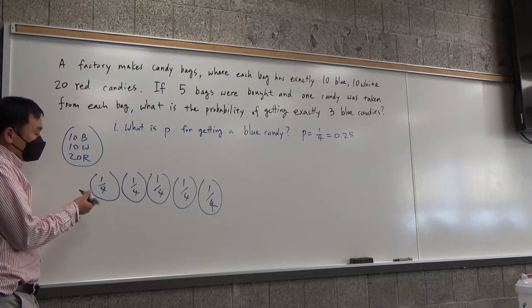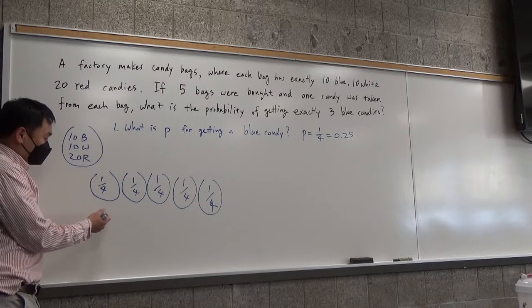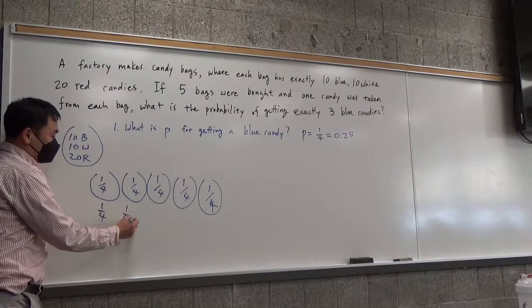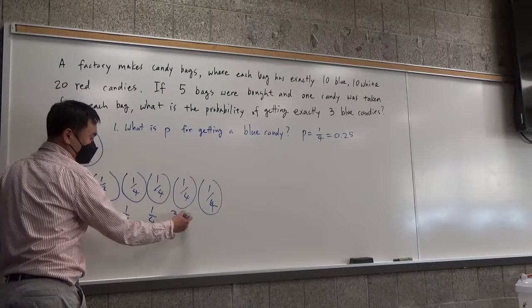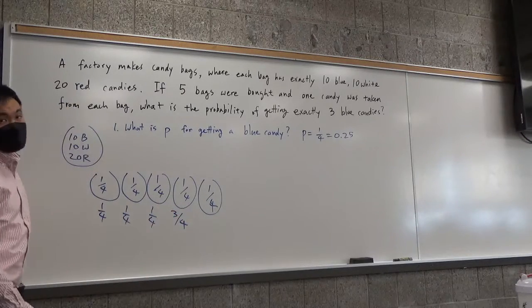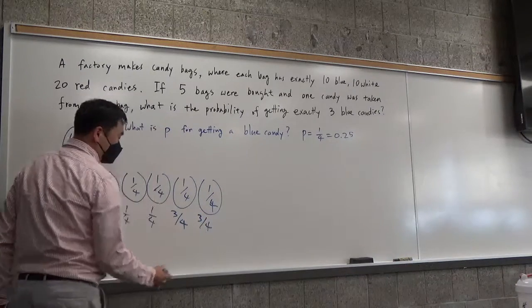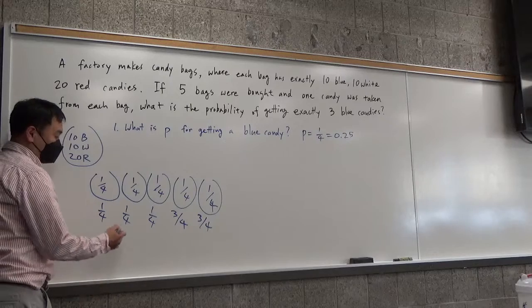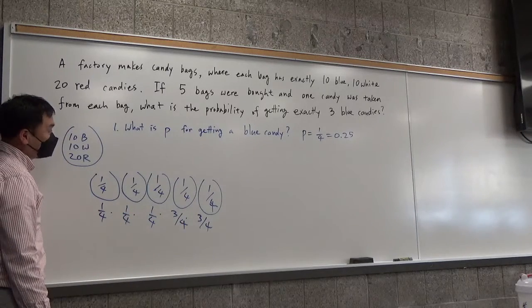All right, so you have a bunch of possibilities. You might have blue here, blue here, blue here, but the other ones are not blue. The probability of not getting a blue will be 3/4, right? Because this is 1 minus 1/4. So that's one possibility.